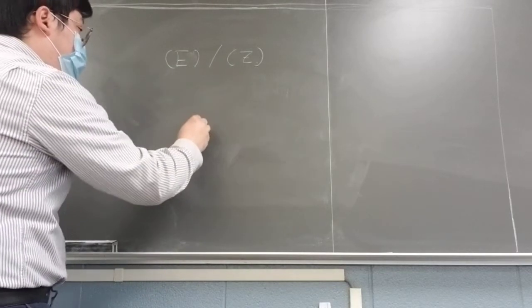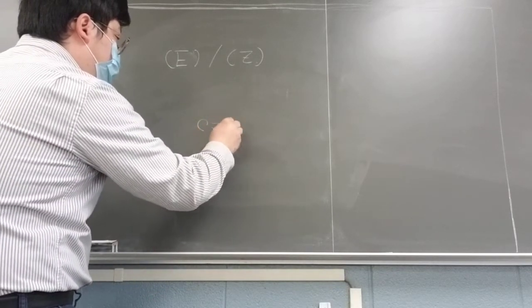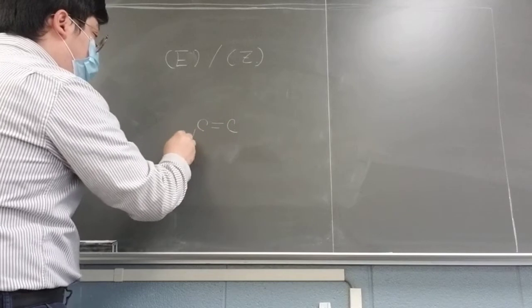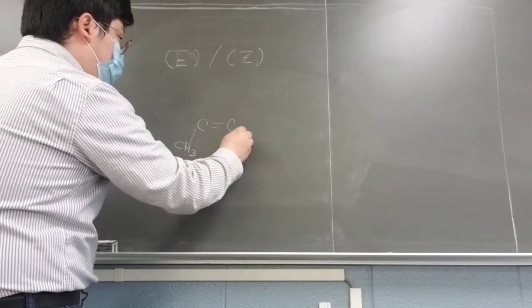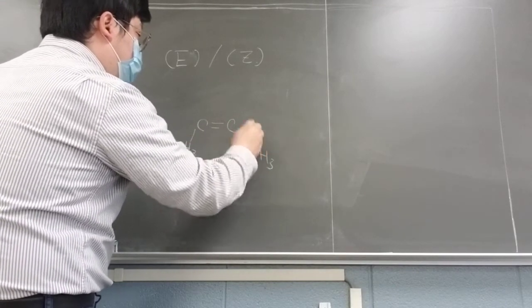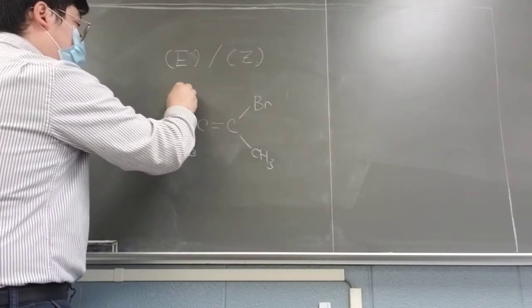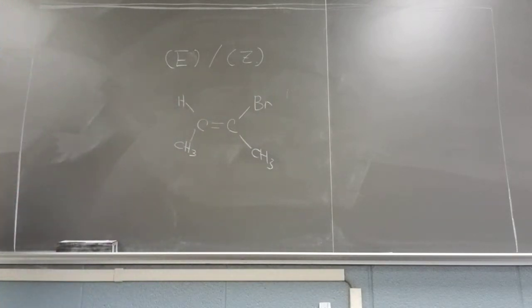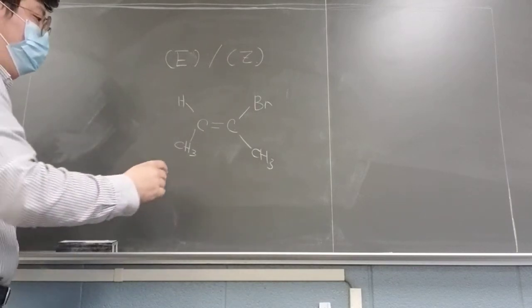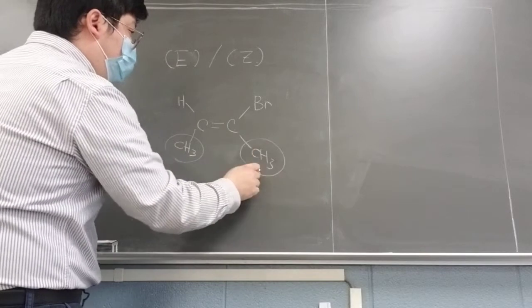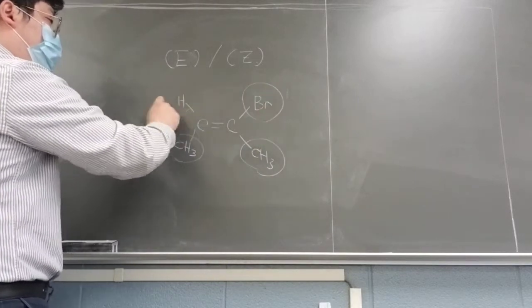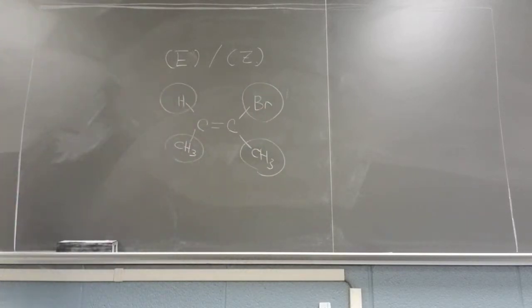So if you have a double bond here, and then you have this one, you obviously have something a bit more complicated than before. You have two alkyl groups over here. You also have a halogen group over here, and there's nothing but a hydrogen here.